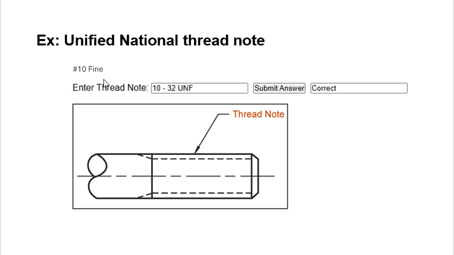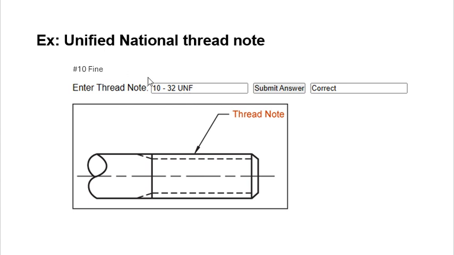And then of course you go to the table, to the number 10 in Appendix B, and you're going to find that 32 is the threads per inch, meaning in 1 inch there are 32 threads in a number 10 screw.